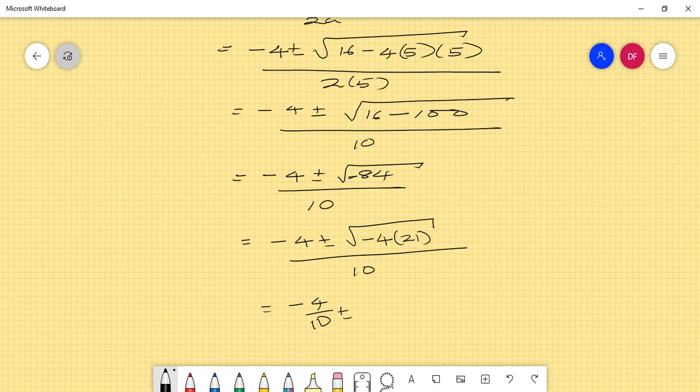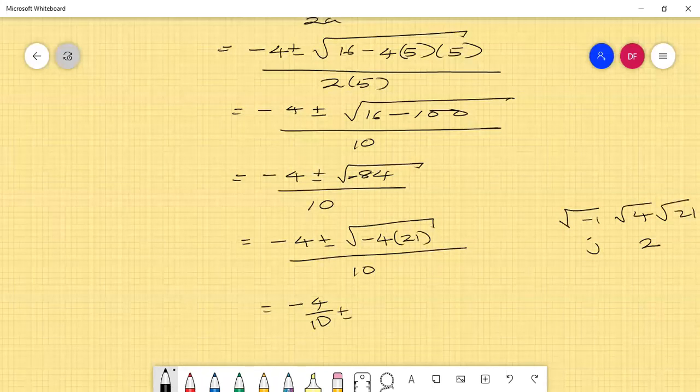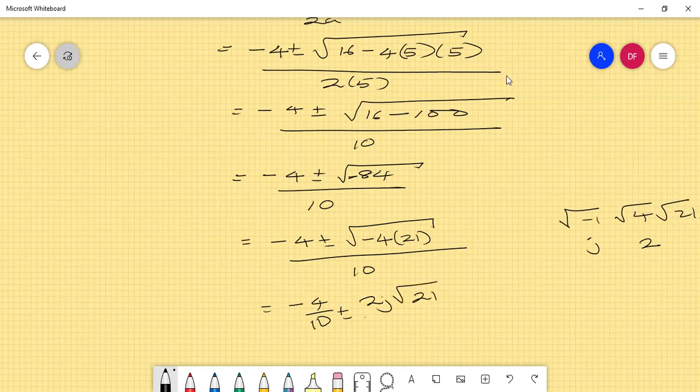All right, so the square root of minus 1 is j. I would not use the i in engineering because it would create a problem for us. Square root of 4 is 2, and square root of 21, we're just going to leave alone. So this is going to be 2j root 21 over 10.